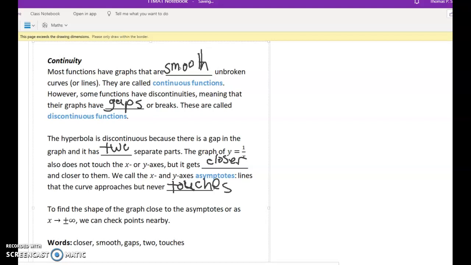To find the shape of the graph close to the asymptotes, or as x approaches positive and negative infinity, we can check points nearby.